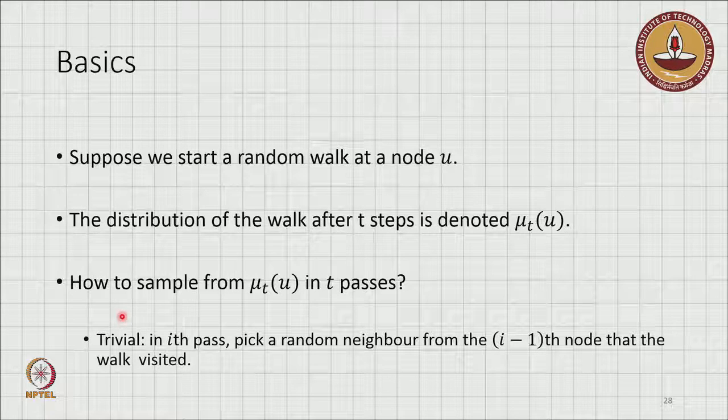So now let's look at how we can find mu_t(u). It's actually quite easy when you have t passes, right? Let's say you start at u. In the first pass, you look at all the neighbors of u, and then after seeing all the neighbors, you pick one of them uniformly at random.